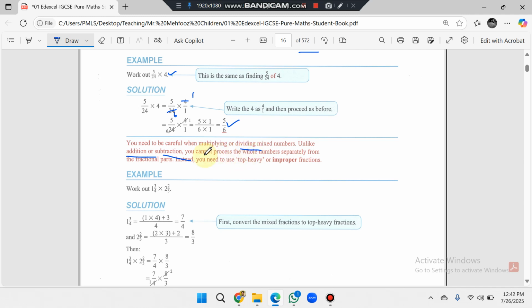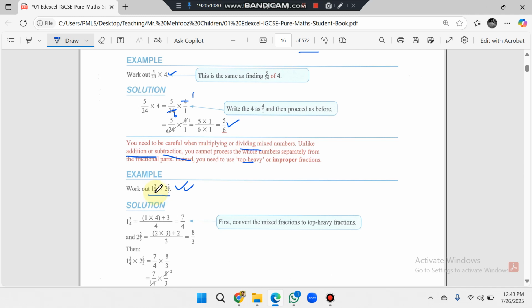Okay, you cannot process the whole numbers separately from the fractional parts. Instead, you need to use top-heavy or improper fractions. So we have to convert these mixed fractions into improper fractions, and we discussed in the previous lecture how we convert a mixed fraction into an improper fraction.